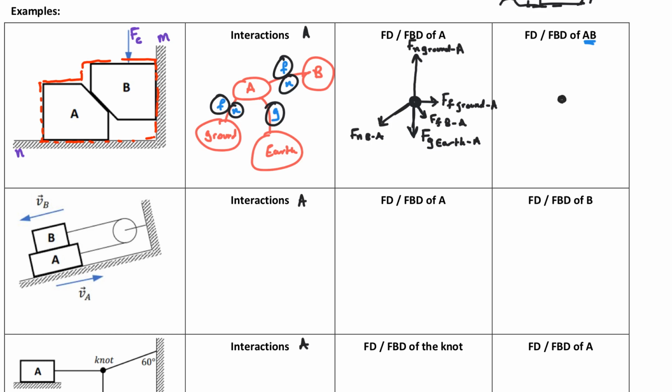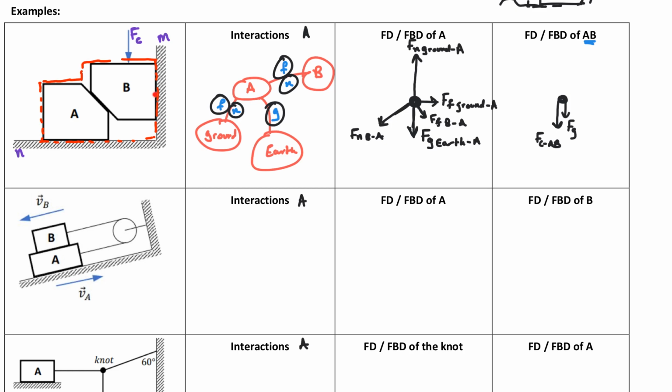So for our object here, there is this force pushing it downwards. So I'm going to draw that. And that's going to be the force from C to AB. There's also force of gravity pulling it downwards. There's interaction from Earth, so I'm going to draw that. Force of gravity, again, I'm not going to label that as from Earth to AB. It's understandable.